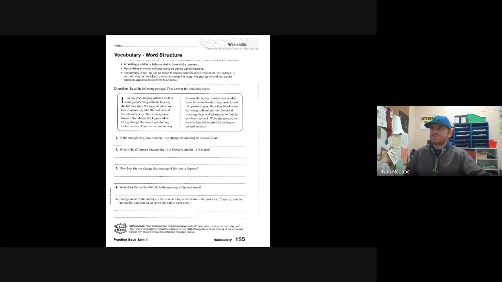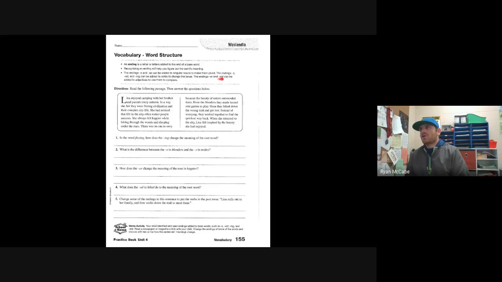On suffixes, it tells you a little bit different story of a word. So the ending s and es can be added to a singular noun to make them plural. So plural meaning more than one. The endings s, ed, and ing can be added to verbs to change the tense.